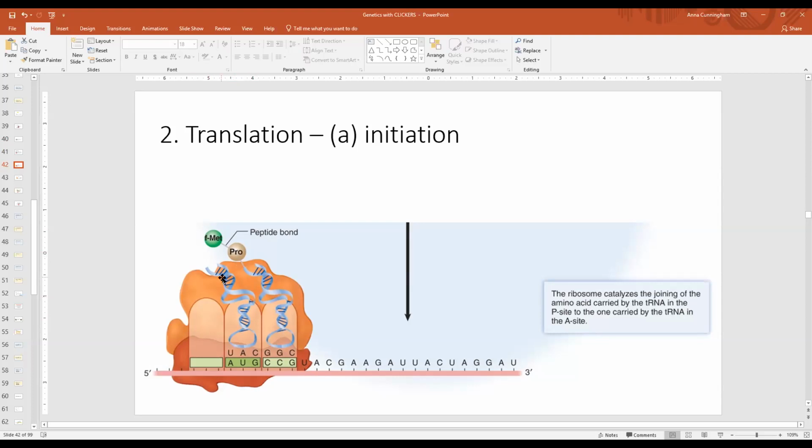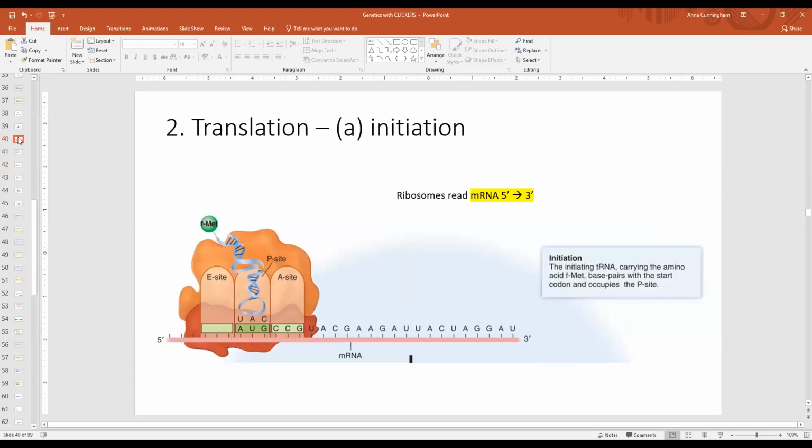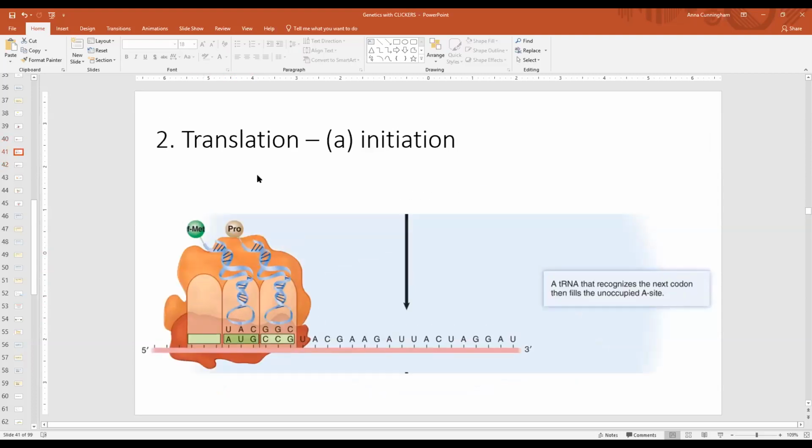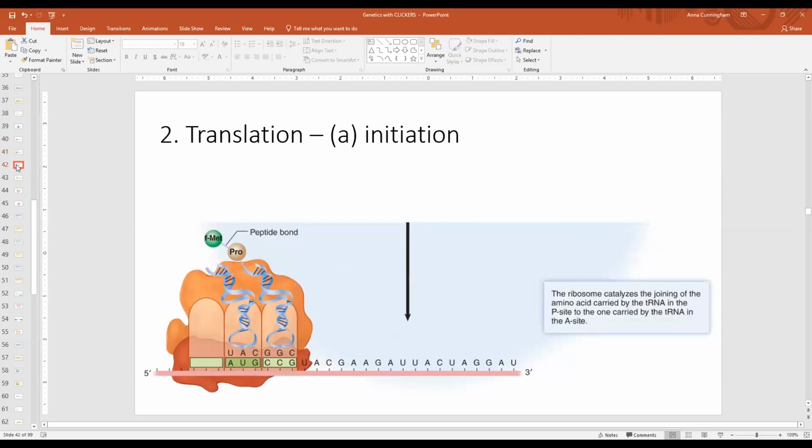But what happened, again, we have our first tRNA carrying methionine. Our next tRNA entered the A site, and you'll notice what happened is this amino acid is popped over and a peptide bond is created between these two. Just like that. All right, and now you have that second tRNA and it's carrying the growing polypeptide strand.